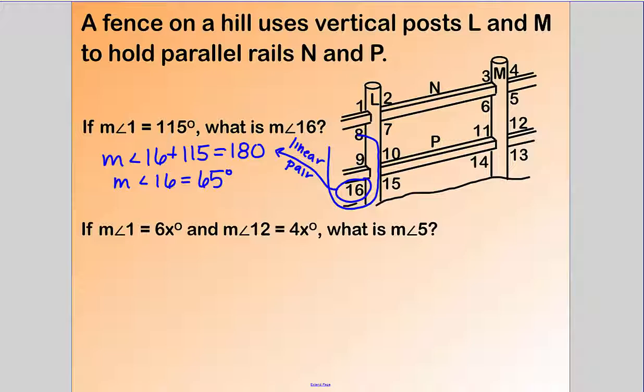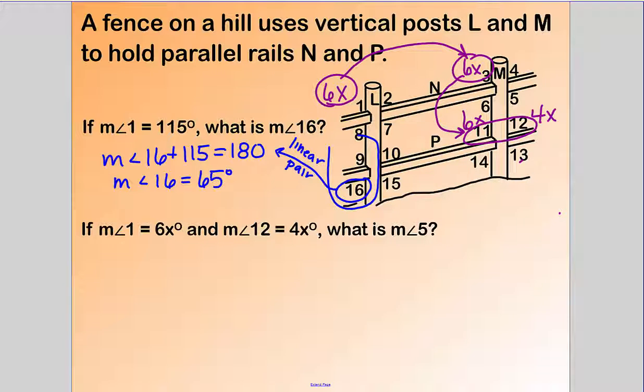So now that we've erased that information, I'm going to write in some new information. We know that the measure of angle 1 is 6x, and the measure of angle 12 is 4x. I'm going to use corresponding angles to move 6x to 3, and then again use corresponding angles to move that to 11.